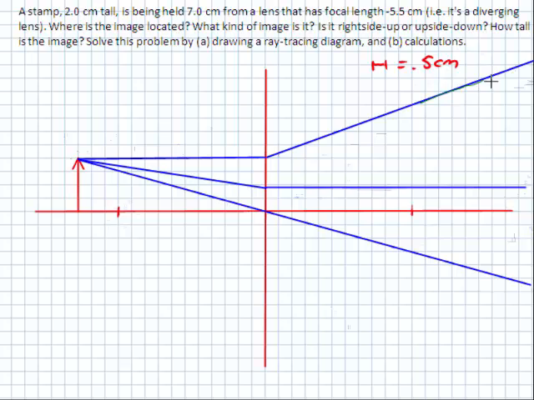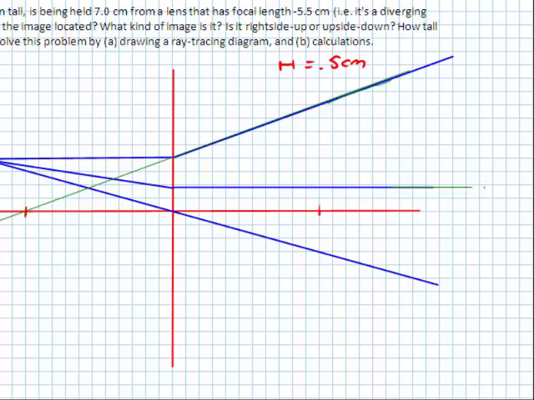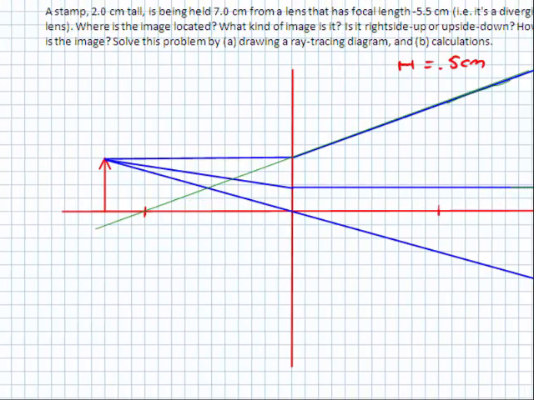I'm going to trace back a straight line parallel to all these others and see where they cross. And we don't need to trace back the central ray because it never bent.